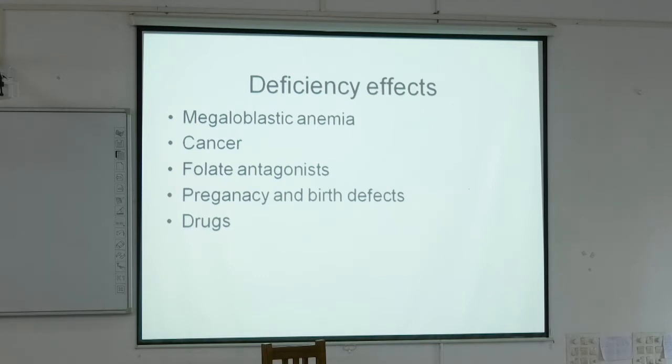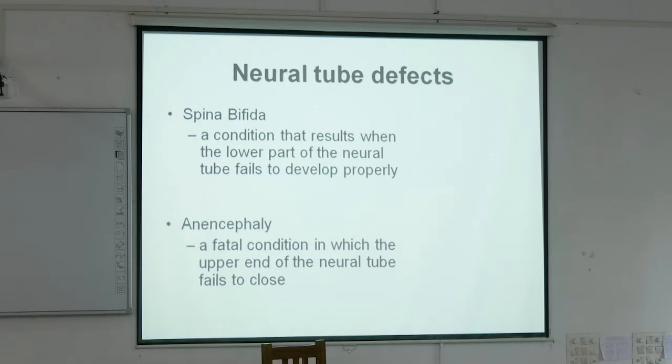Some drugs also interfere. Now, what are the defects we have? The neural tube. If you have started embryology, have you heard this word neural tube? In the initial stage of formation of the embryo, the CNS is formed in the form of a neural tube.